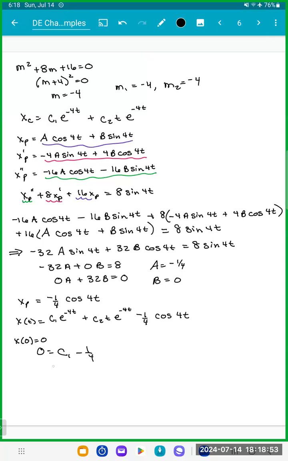So that then gives me that C1 is equal to 1/4.